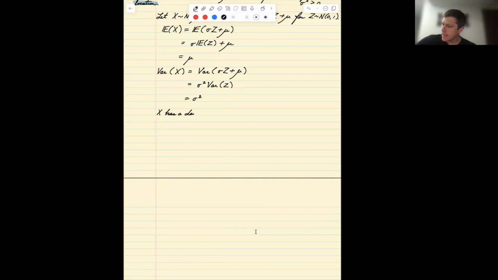X has a density. Okay, now how do we figure out the density in this case? Well, we can do it in a couple of ways, but we talked about the infinitesimal approach before.